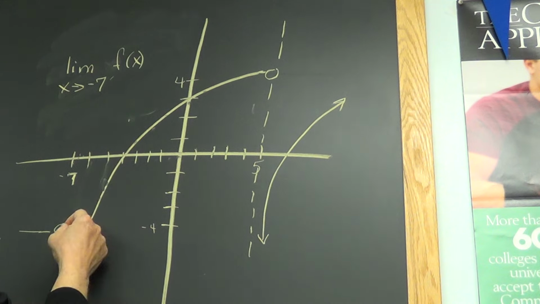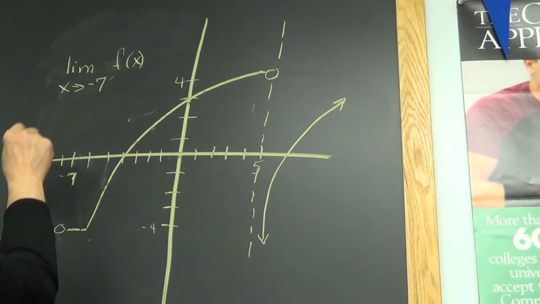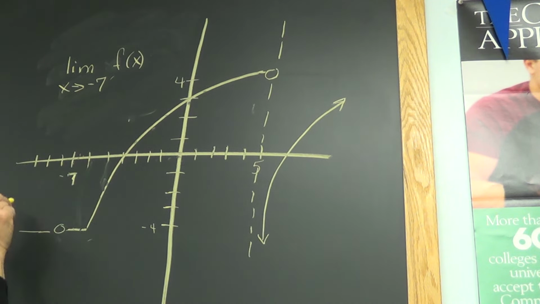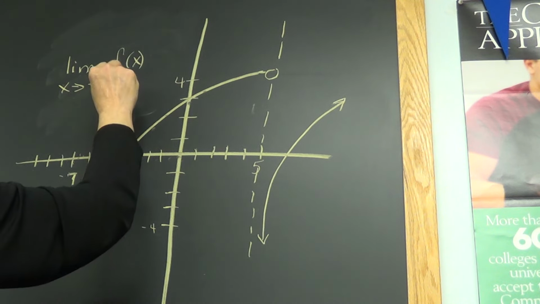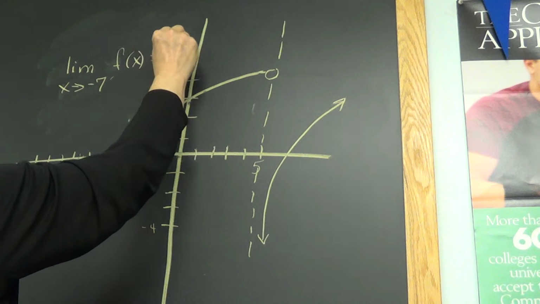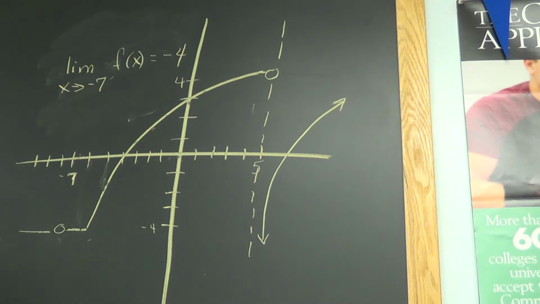So from this side it was minus 4, and as I approach minus 7 from the left of it, it also gets closer and closer to minus 4. Since it was the same from the left as from the right, we say that it is minus 4.